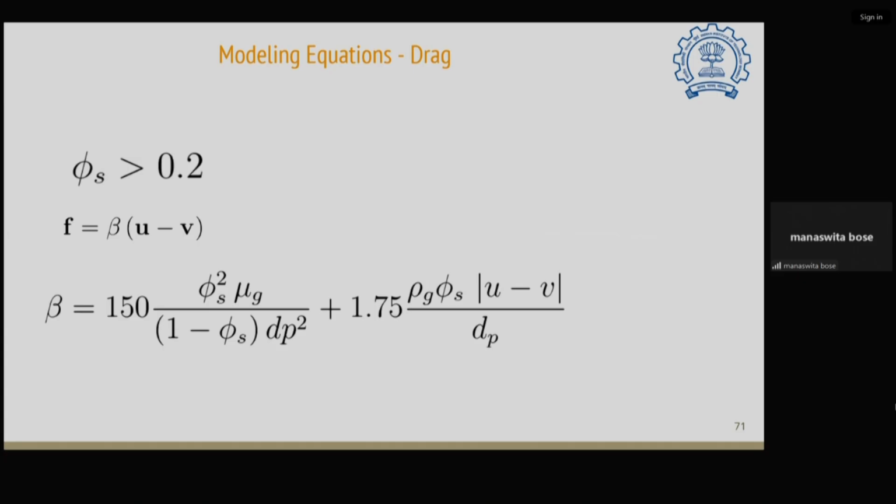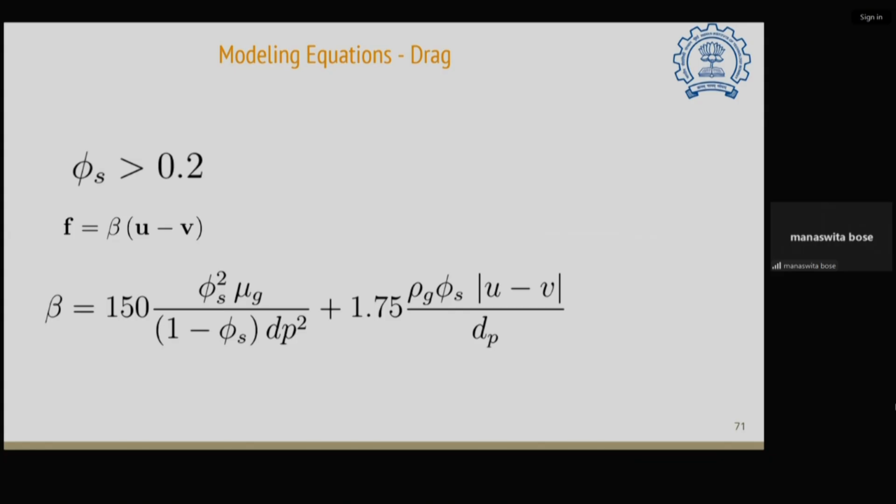Here, the expression that is derived for beta comes from the Ergun equation, which is a combination of the Blake-Kozeny and Carman-Kozeny equations. That is the pressure drop equation in a packed bed, where the first term is for the viscous forces, where the viscous forces are dominating, and the second term is where the inertial forces are dominating. Now, when you blend them together, it is the Gidaspow drag law.